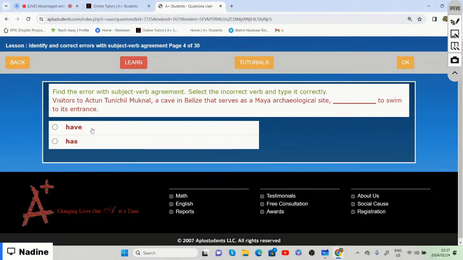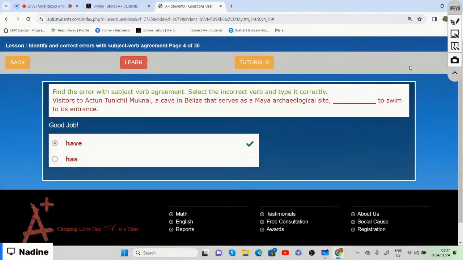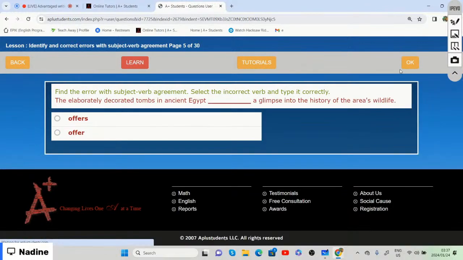Do we say have to swim to the entrance or has to swim to the entrance? Let's see. Have to swim to the entrance.